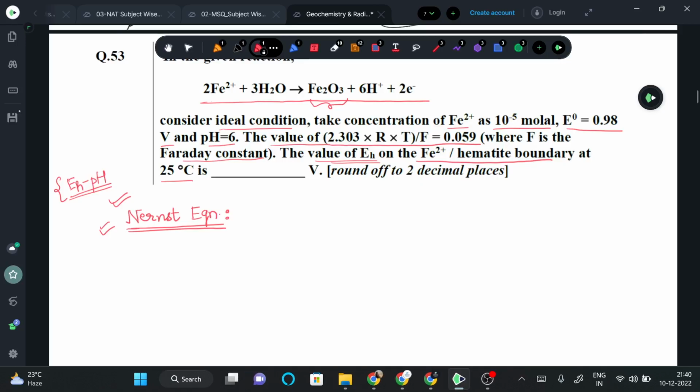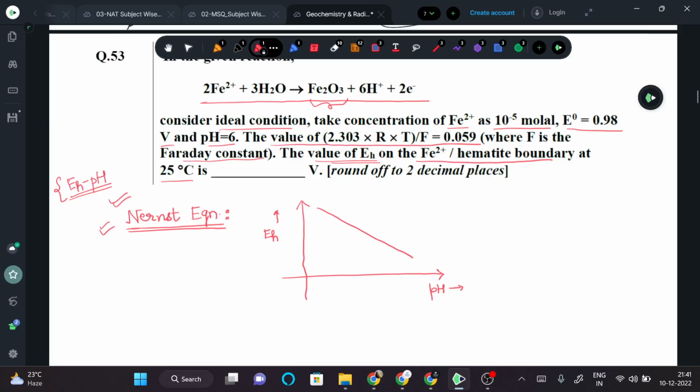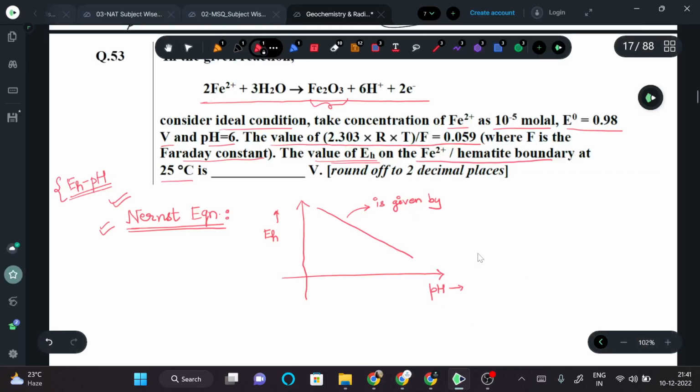Here in this case, we have somewhat this kind of a diagram, this kind of a graph. I will draw it here. This x-axis is the pH axis, y-axis is the EH axis. So this particular curve or line is given by the Nernst equation.